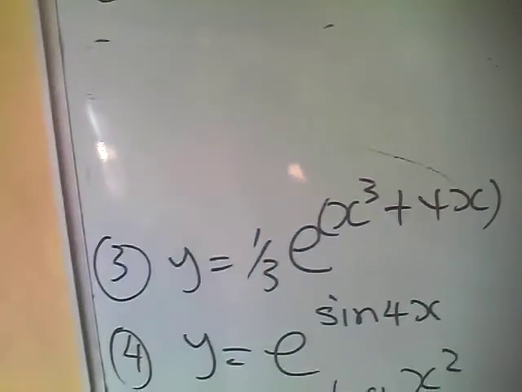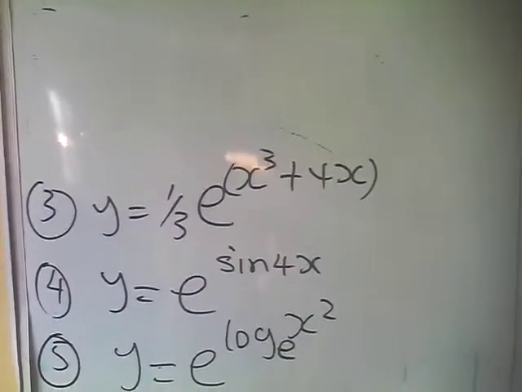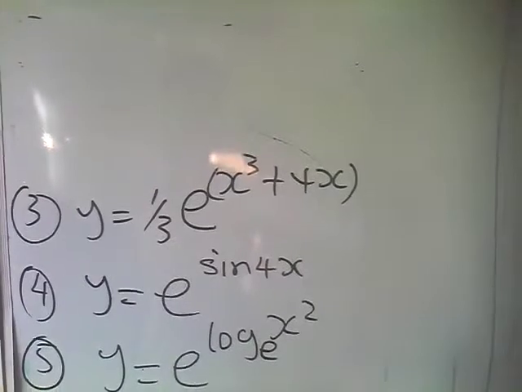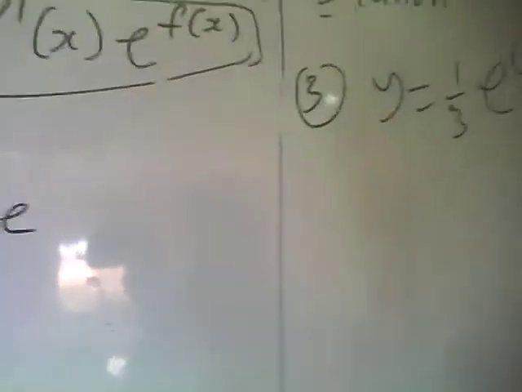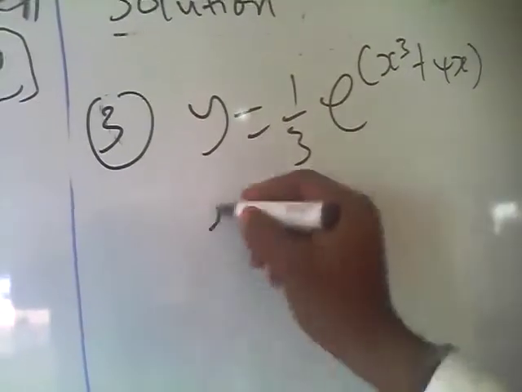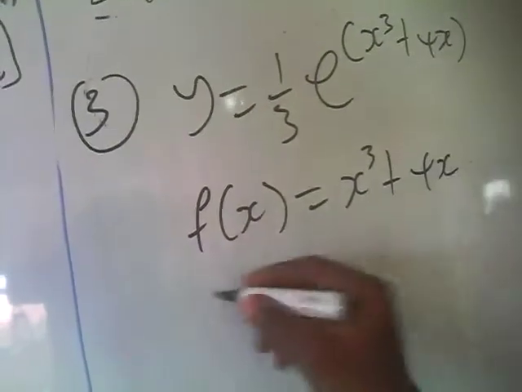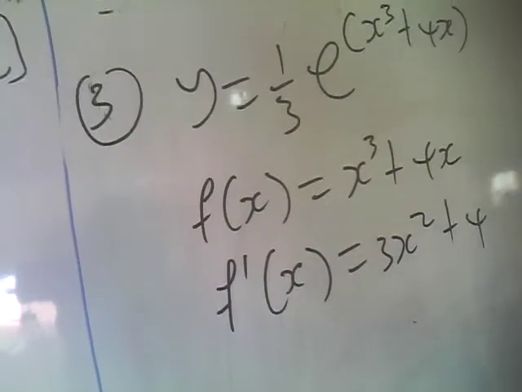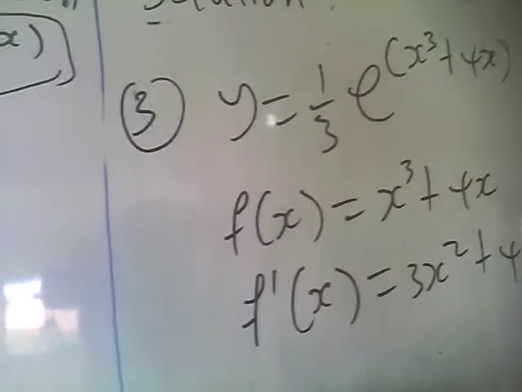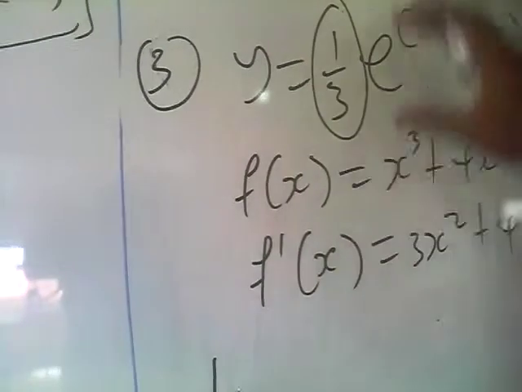Now, we can go on to problem number 3. On that, we have y equals 1/3 of exponential x cubed plus 4x. Also, we know that this power is the function of x, which is x cubed plus 4x. Now, the derivative of that is 3x squared plus 4. Putting that into the formula, this 1/3 is a constant, multiplying whatever derivative we got.